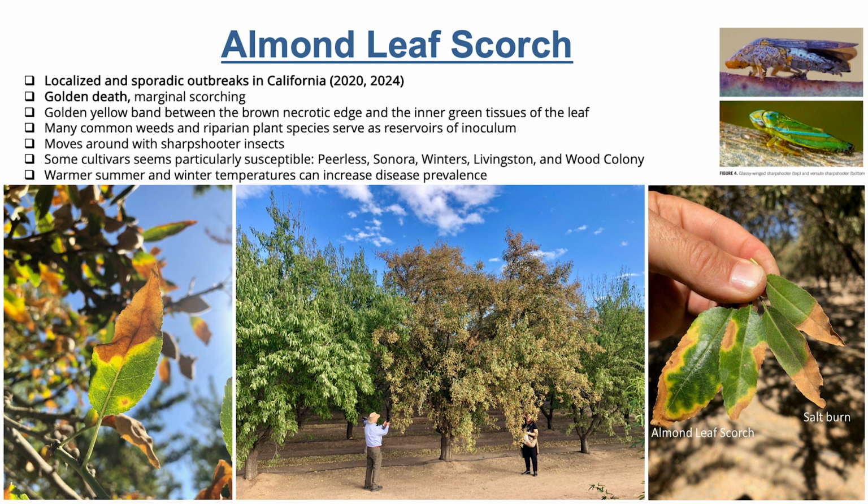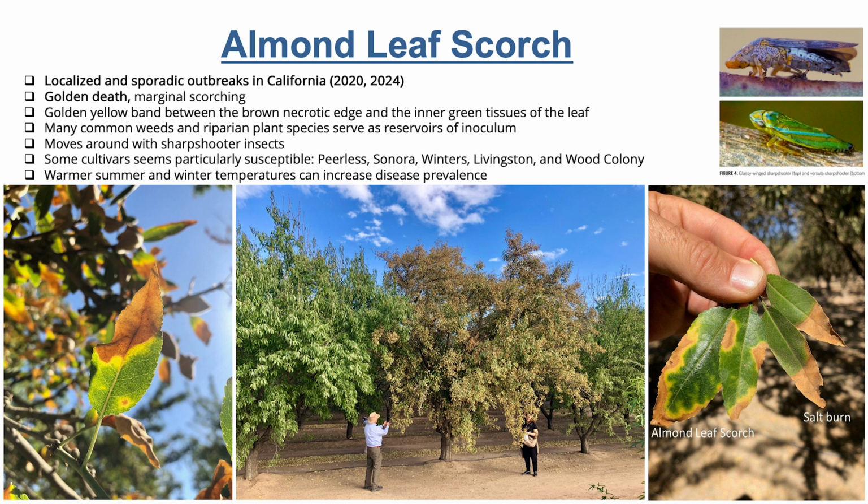He's seen a lot of almond leaf scorch this year. Again, the disease is caused by a bacterial pathogen that moves around with those sharpshooters. Symptoms are very typical, as you can see, this sort of necrotic and yellowing margins. But again, this year and 2020 seem to be years where we see localized outbreaks of almond leaf scorch.